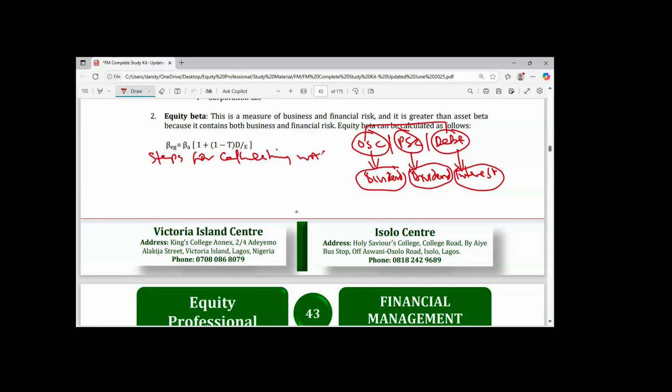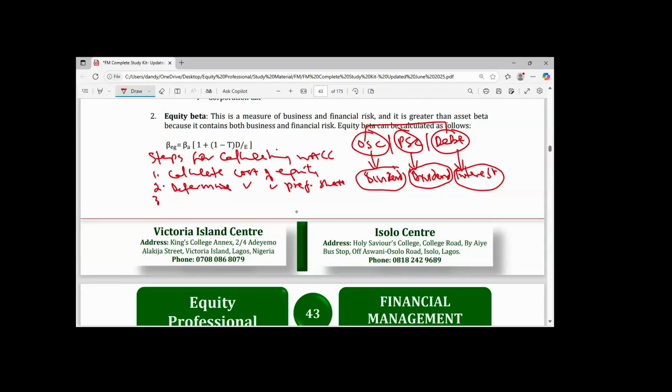For calculating traditional WACC, the first step is to calculate cost of equity. Then step 2, you determine cost of preference share.